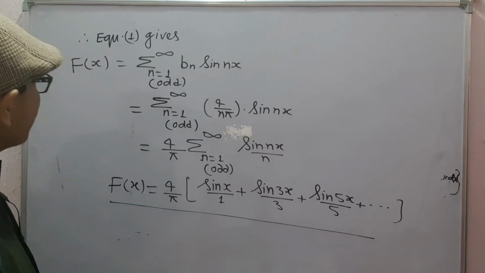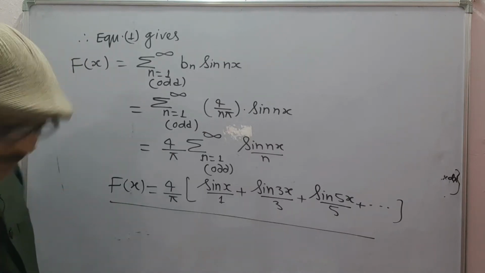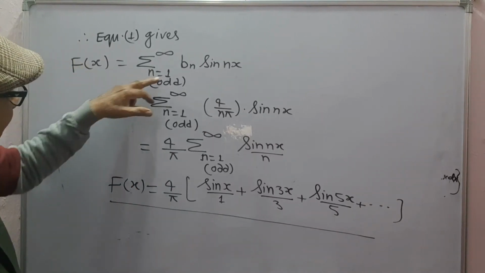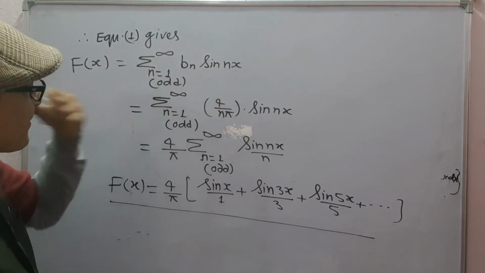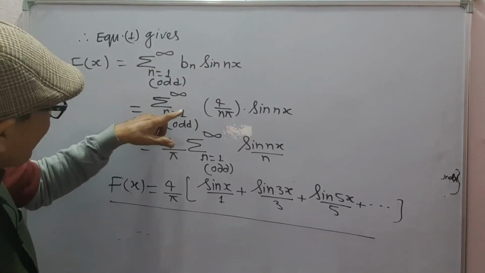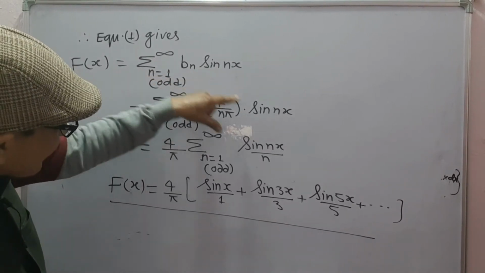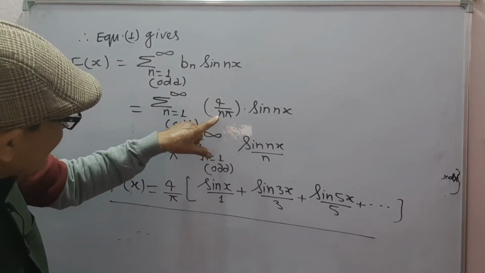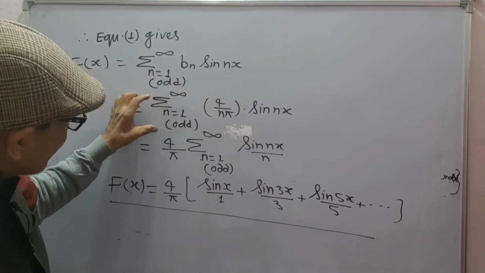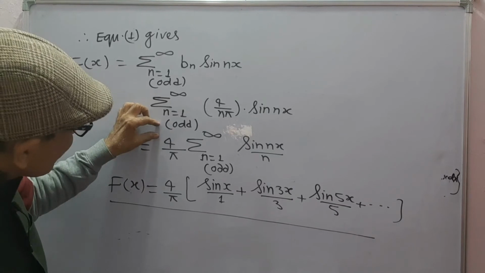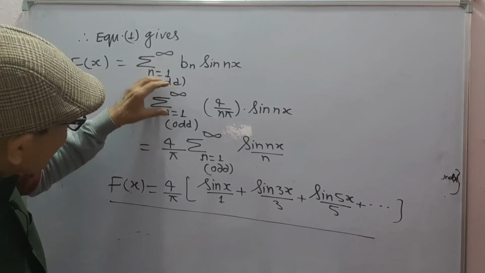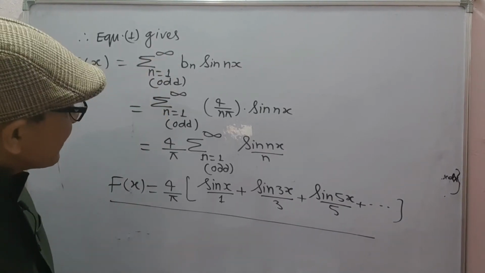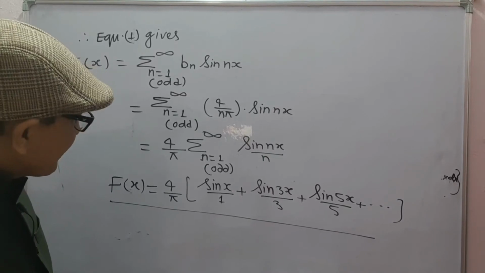Now equation 1 gives f(x) is equal to bn sin nx when n is odd, and we have obtained bn equal to 4 upon n pi, so this will be equal to summation n equal to 1 odd to infinity 4 upon n pi sin nx.